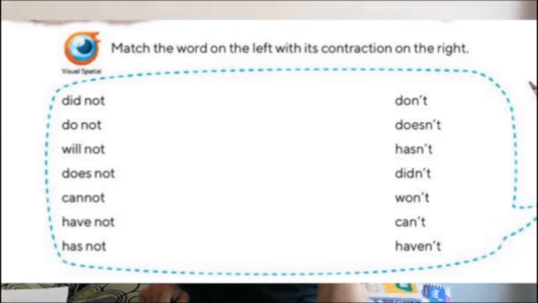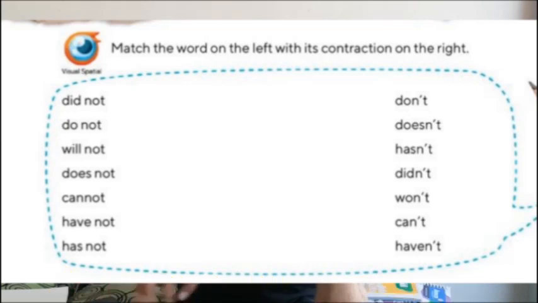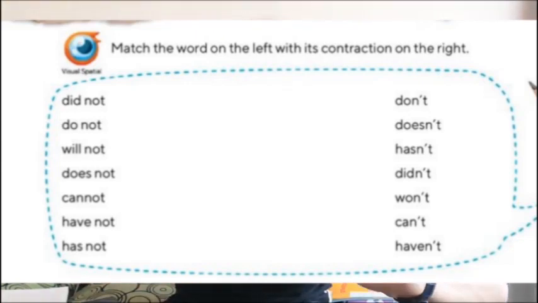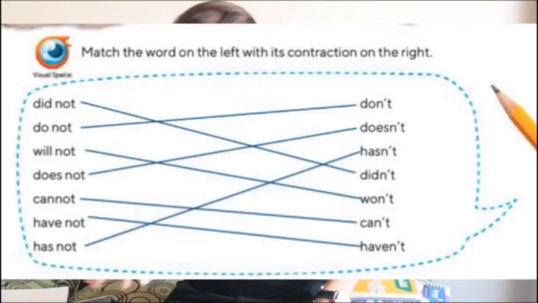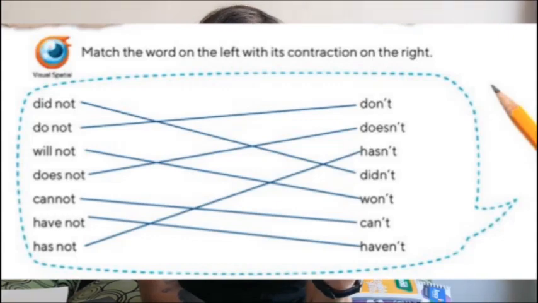You connected to hasn't. Perfect. Will not. And you get won't. Perfect. And there you go. We finish the second part of this page. Super easy, super simple. Piece of cake.